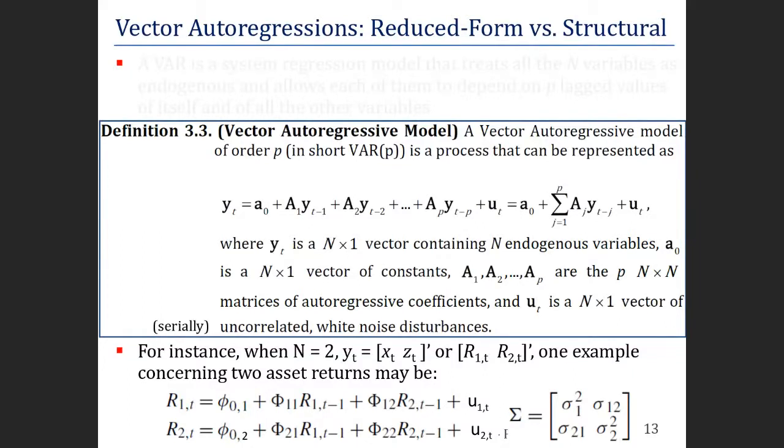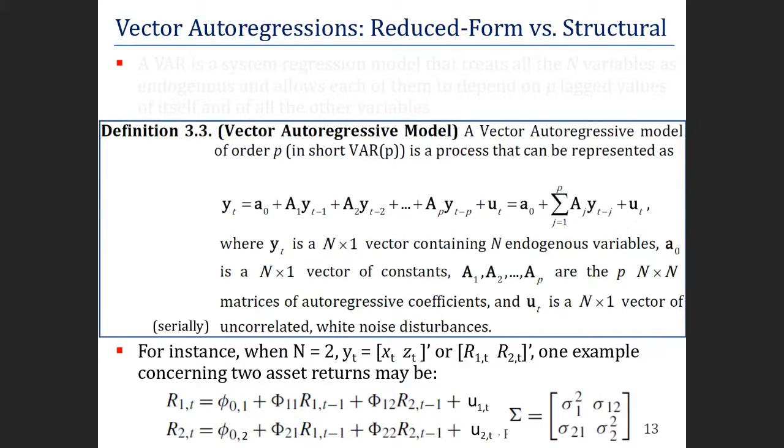So for instance, phi 1,1 means that this is the coefficient in the first equation when the first variable, lagged, is used to forecast the first variable. Now, obviously, it's quite natural to collect phi11, phi12, phi21, and phi22 in a matrix, which will be a 2 by 2 matrix that we will call the phi matrix. So you just find a case of the general model that you see above.